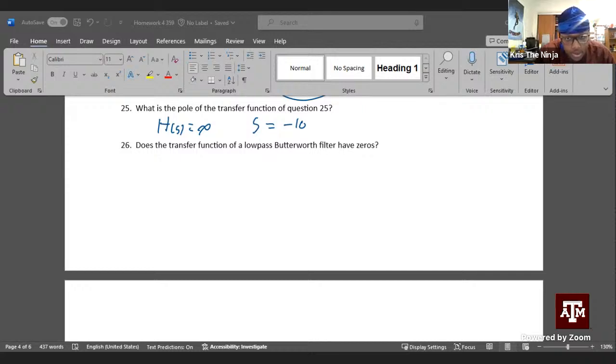Well, you can do this and solve it like this. This is a low pass, a third order low pass filter.